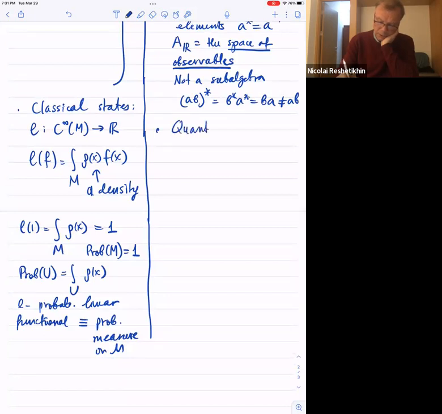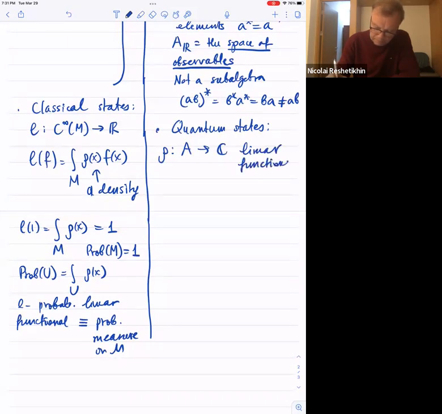So what do we have here? Here we have quantum states. These are just linear functionals which are real: rho(A) belongs to R if A is equal to A*. Then rho of a positive element is positive.